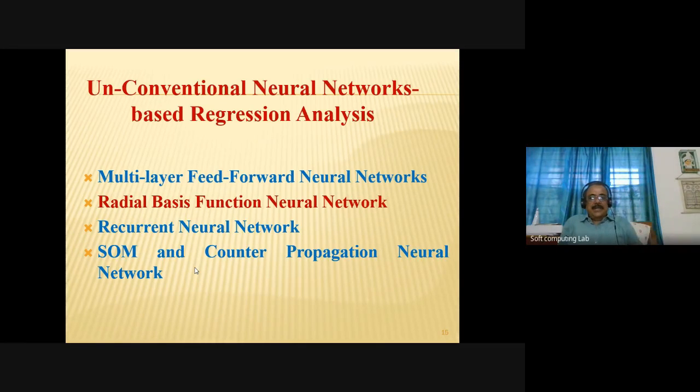Now another thing we did, and I just want to spend some time on that, is called cluster-wise regression analysis. Long back we did, I think 2005 or something. Now, what was the philosophy of this cluster-wise regression analysis? The philosophy was how to obtain a more accurate input-output relationship of a particular process. So what we did, depending on the similarity and using the principle of fuzzy clustering, we made a few clusters.